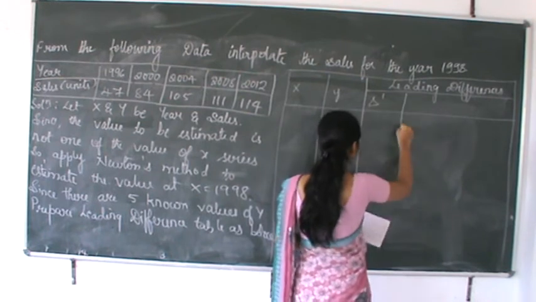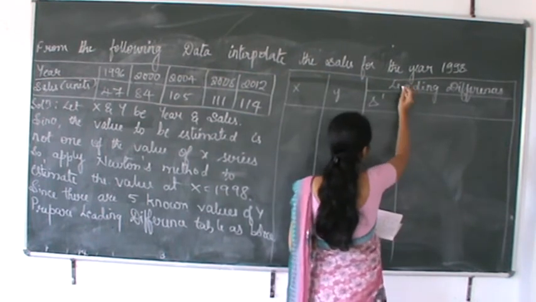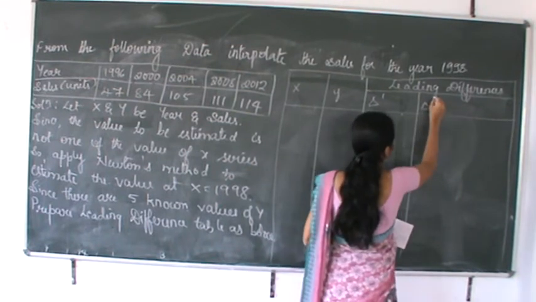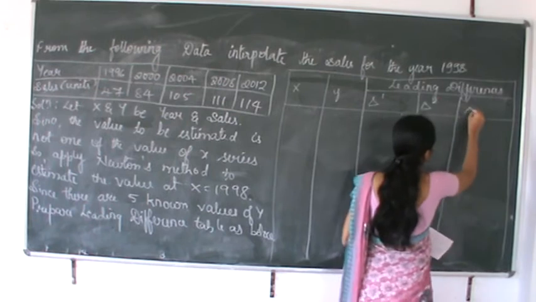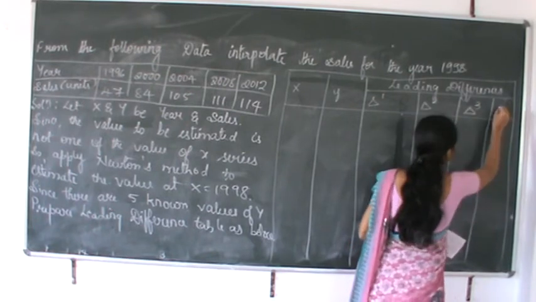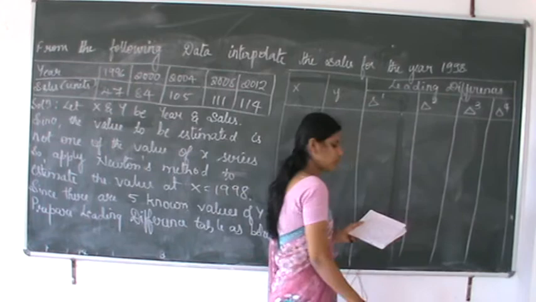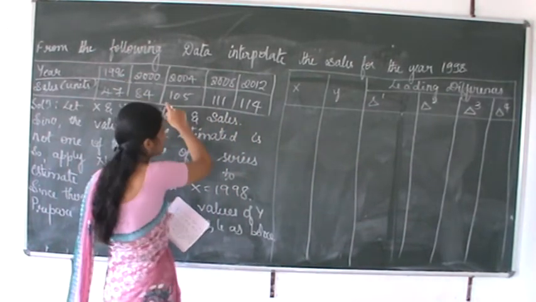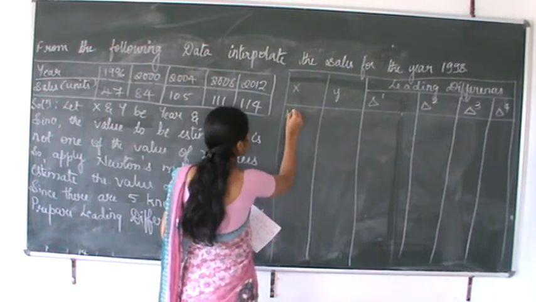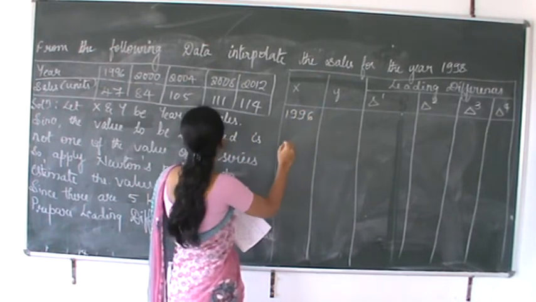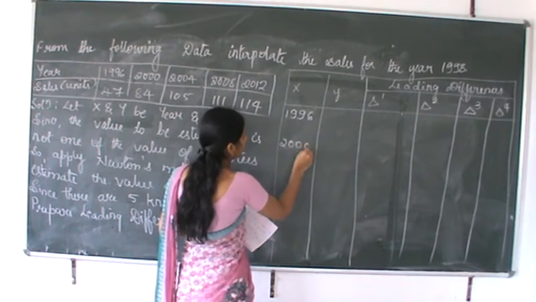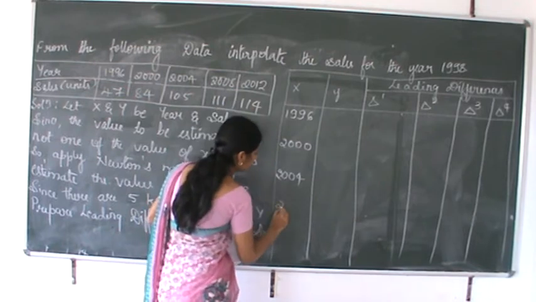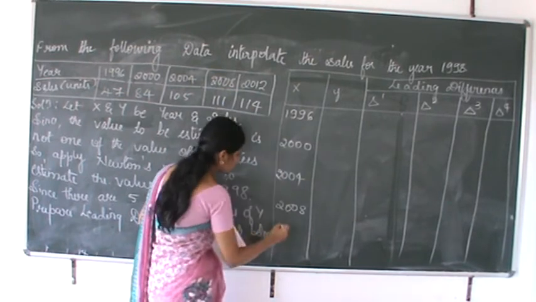Delta raised to 1, next delta raised to 2, delta raised to 3, next delta raised to 4. Now we will write the values of x as given in the question. Starting from 1996, leave one line, next it is 2000, again leave the line, 2004, next 2008, and lastly 2012.